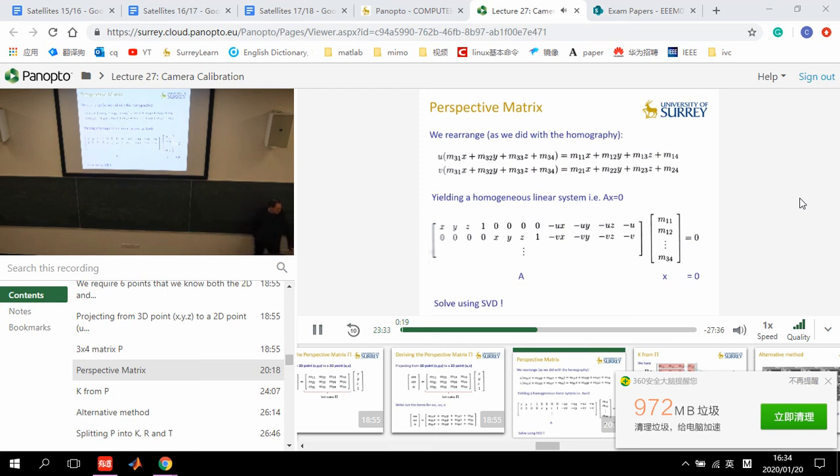Yeah. Okay, so once we have our design matrix populated, we simply solve using SVD, as we did with the homography, and we are effectively looking at the last column of V, the eigenvectors that the SVD algorithm gives us, and that gives us our exact solution to this problem.